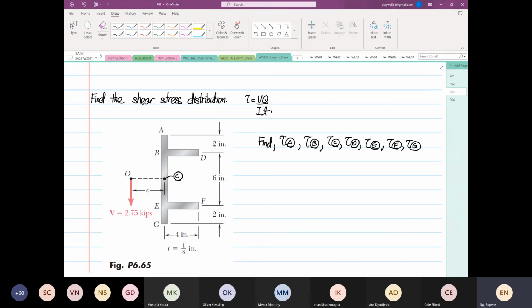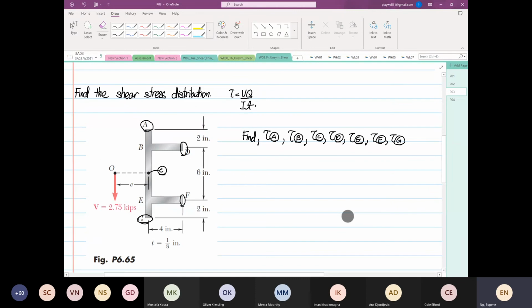So based on observation, if you look at A, at D, at E, F, and at G, what do you realize? Can anyone tell me? It's zero. Symmetrical. Yeah, it's equal to 0, and it's symmetrical. You're absolutely right.